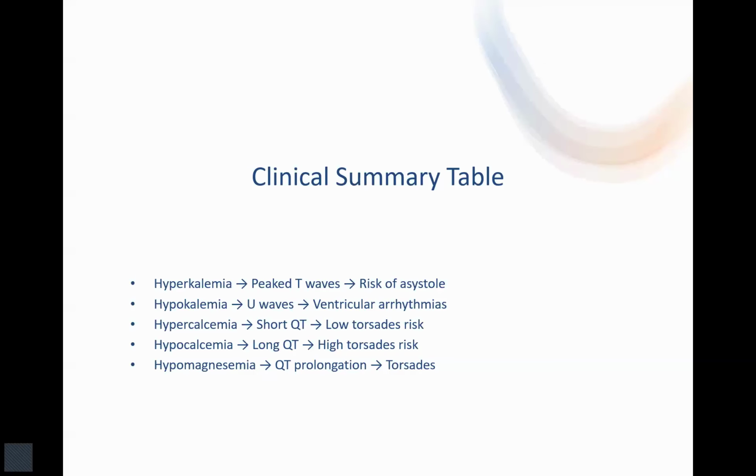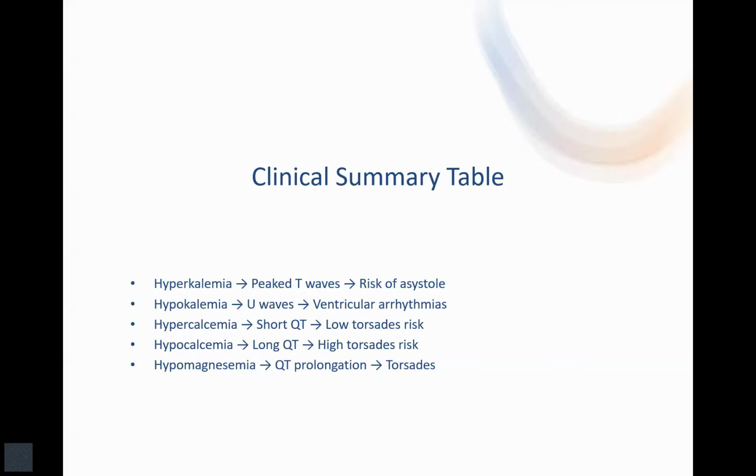So a quick summary, right? Hyperkalemic patients, so we talked about the peaked T waves, but also loss of PR interval, risk for sine wave, and risk for eventually asystole. Hypokalemia, the classic U waves, and the ventricular arrhythmias from that.